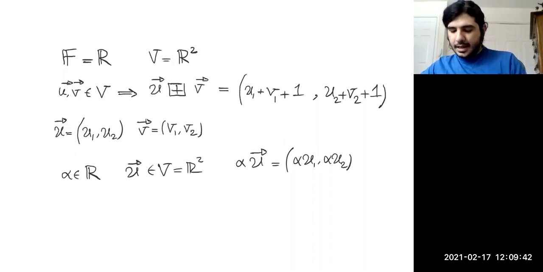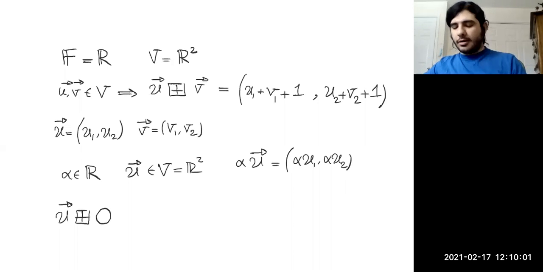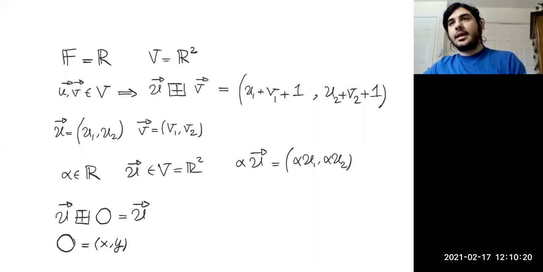Okay, let's see that. The easy thing usually to check is the identity element. We are looking for an element like 0. I would show it with O. I'm not sure if it's the 0, 0 in R2 or not. I'm looking for an element in V such that U plus that element is just U. Now this identity element, O, is supposed to be something in R2, so it has two components, X and Y, right?